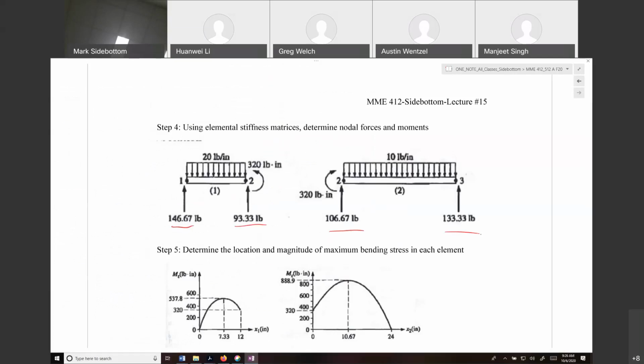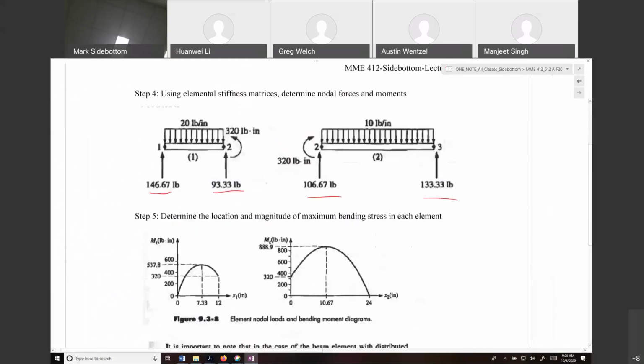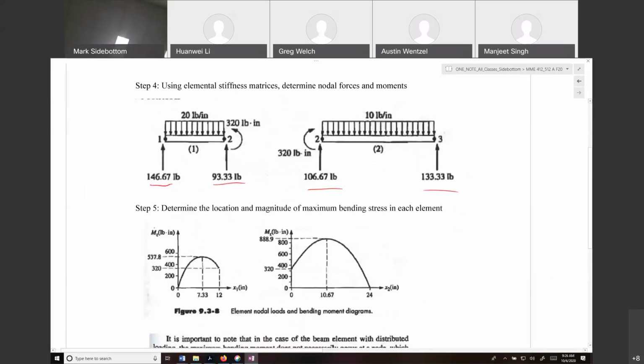Okay. And then we can take a section cut of our system at a point, and we can calculate Mz of x as a function of x. And what we end up getting is that, because we have a distributed load, our maximum bending stress is unlikely to occur at our nodes.